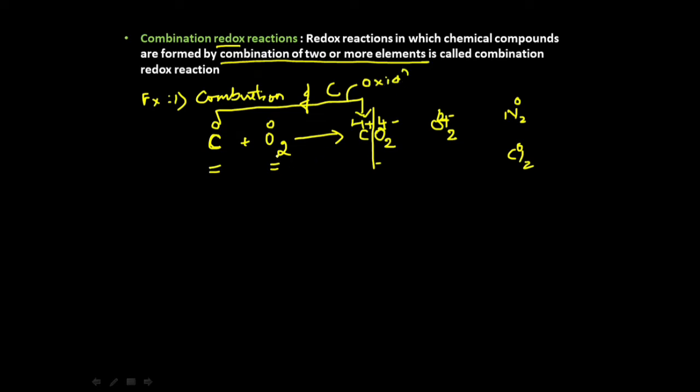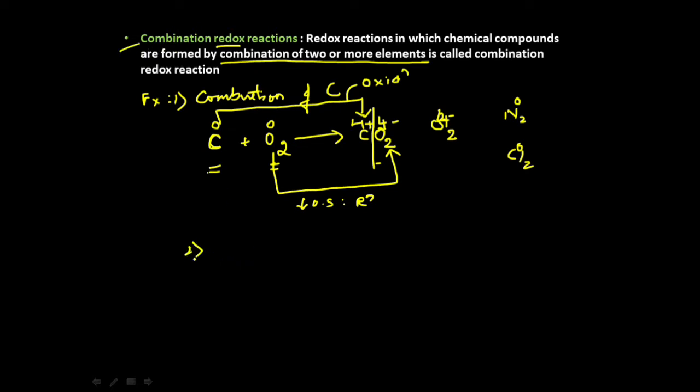Here oxygen goes from 0 to minus 4, a decrease in the oxidation state, which is nothing but reduction. So in a single reaction oxidation and reduction both are occurring and elements are combining. This is an example of a combination redox reaction.